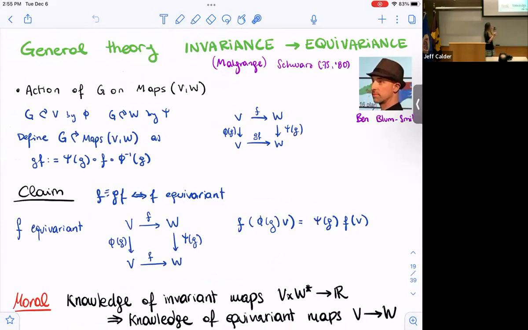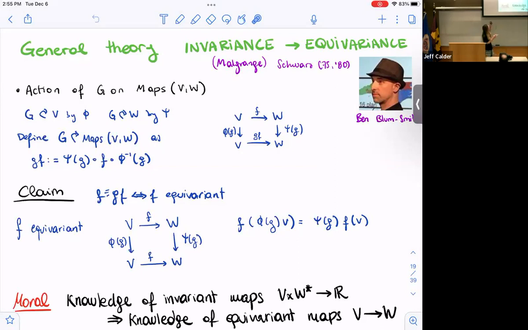But there's an explicit way that you can write the equivariant maps from the invariants. And maybe that's a question for Peter, maybe you know where this comes from. Yeah.